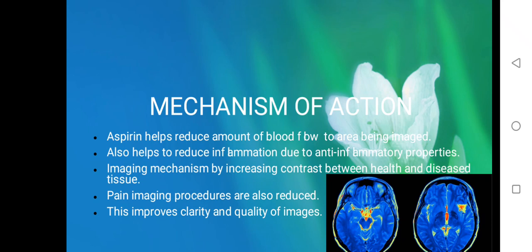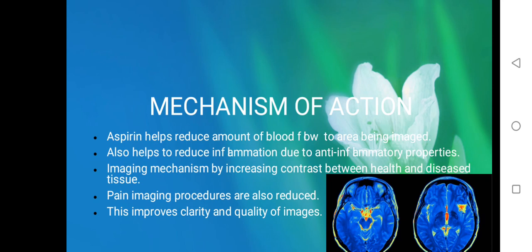So, the mechanism of action. This is how the drug helps to improve imaging. Aspirin helps reduce the amount of blood flow to the area being imaged. It also helps reduce inflammation due to its anti-inflammatory properties, as we said earlier.